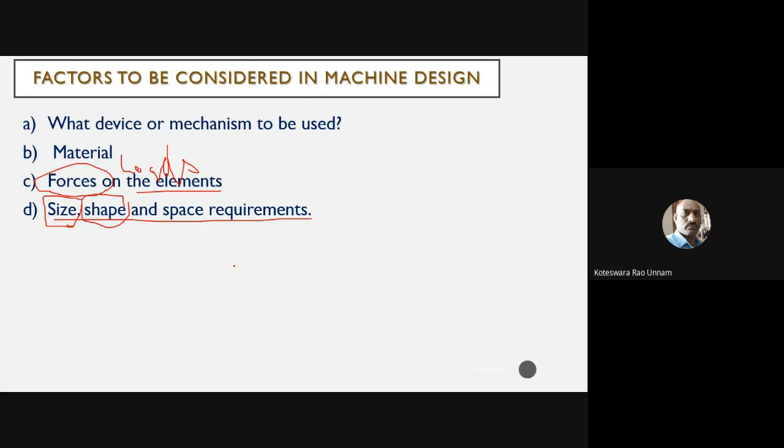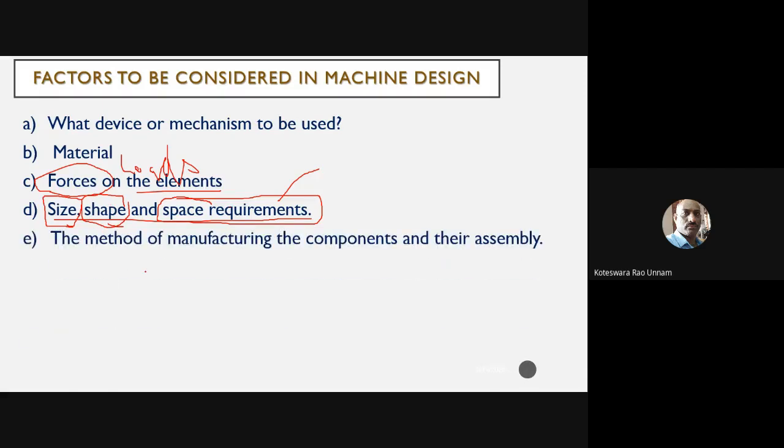If I take a square or rectangle instead of a circular shape, then compared to the circle, squares and rectangles have vertex points, which are more stress prone areas in machine elements because of stress concentration. So the design engineer has to look into the shape of the component also. In addition to shape and size, he has to make sure that his design fulfills the space requirements or not. That is also one more factor the designer has to consider while designing a component.